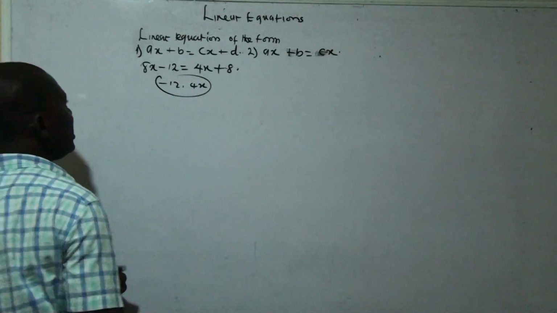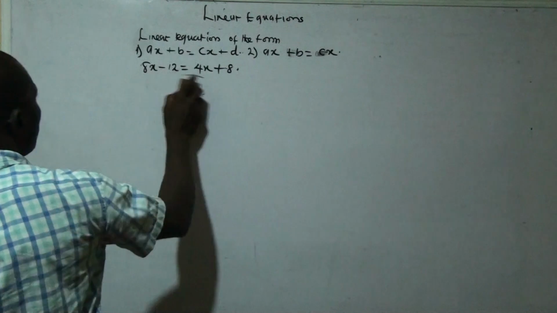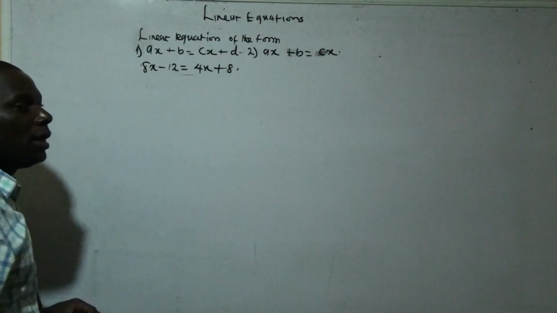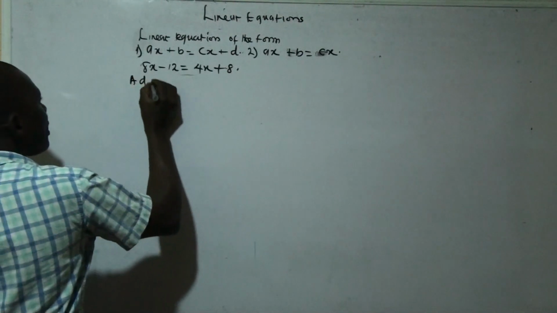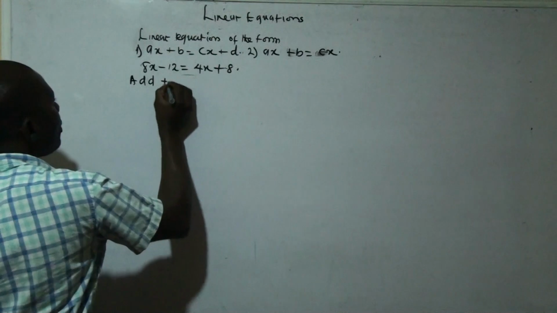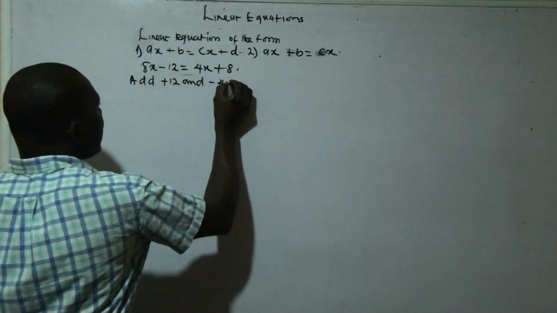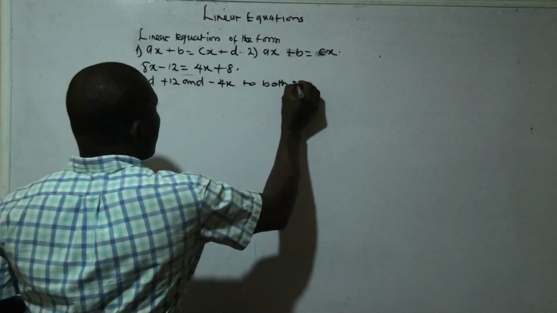So we'll find the additive inverse. The additive inverse of minus 12 is plus 12. The additive inverse of plus 4x is minus 4x. So the next step, you say add plus 12 and minus 4x to both sides.